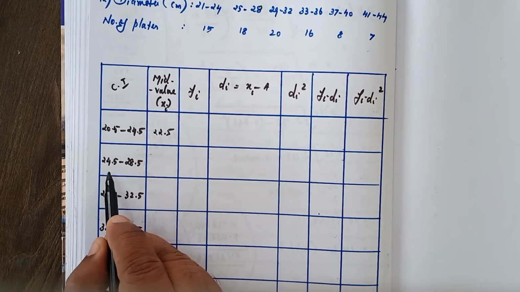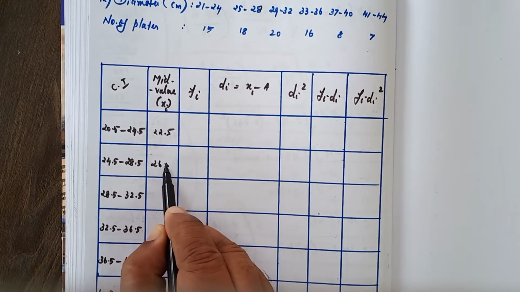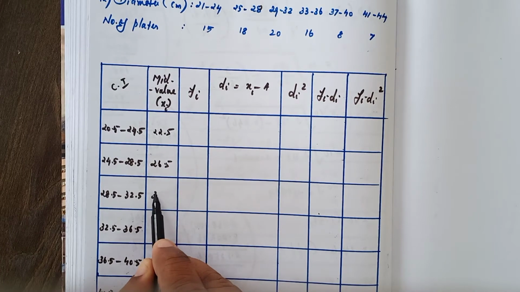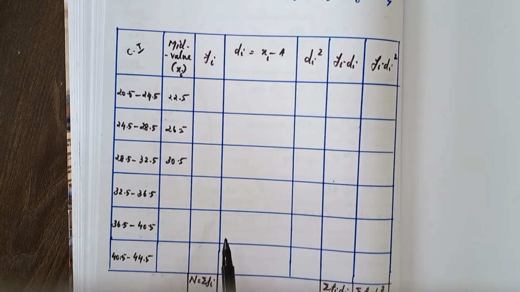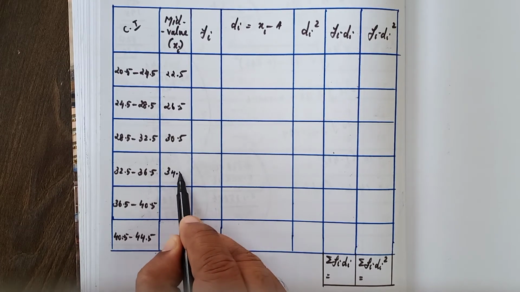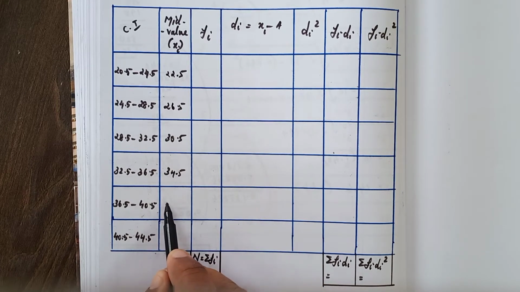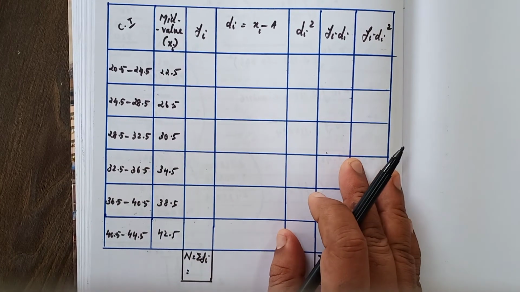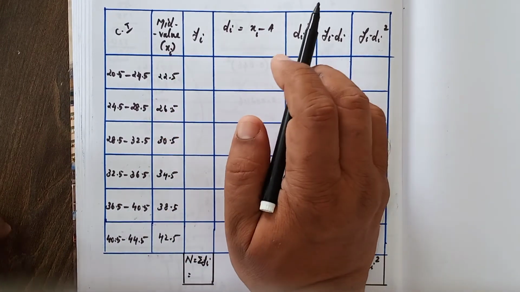Like that, here 26.5, 30.5, 34.5, 38.5, 42.5. That should be considered as xi.